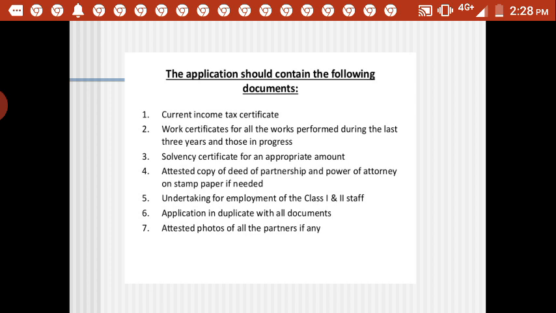You have to submit duplicate documents, then attached copies for all the partners, if any. Normally you take the attestation of gazetted officers, then you submit it. Nowadays self-attestation is going on, and of course, they are also accepting court affidavits for some of the certificates.